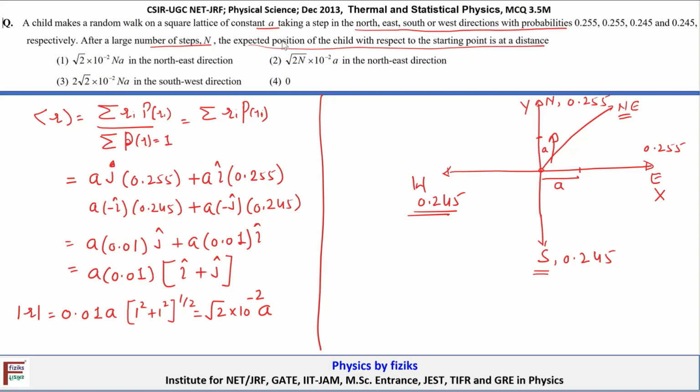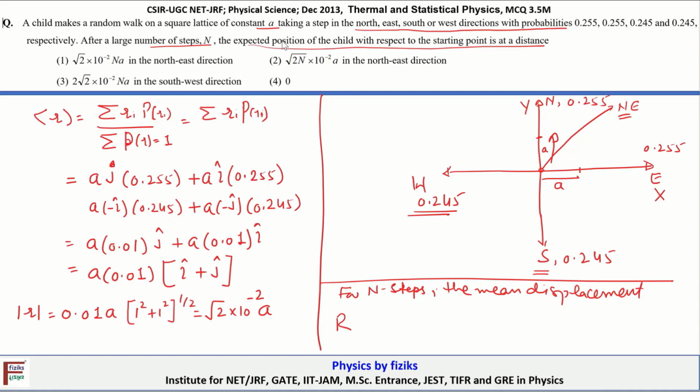So for n steps, the mean displacement, let me call that r, is equal to n multiplied by the magnitude of the mean displacement of one single step.